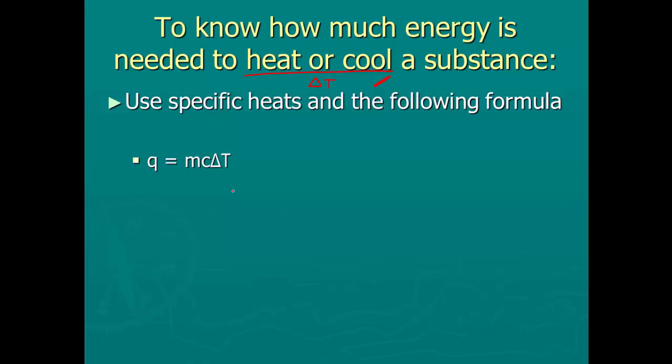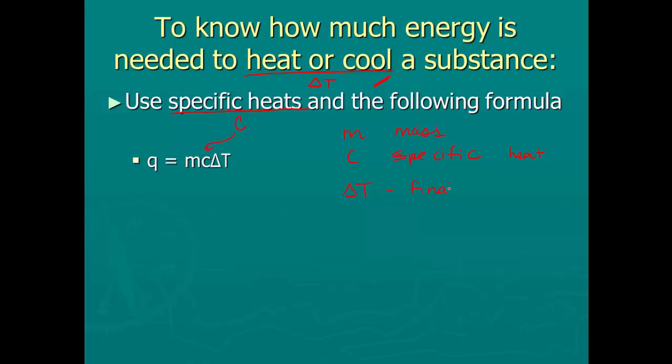We use this formula here that uses something called a specific heat, and specific heat is this variable lowercase c that's showing up right there in the formula, okay? So M is the mass, C is the specific heat, which is some constants. We'll see those listed in a minute. Specific heat. And delta T is the change in temperature.